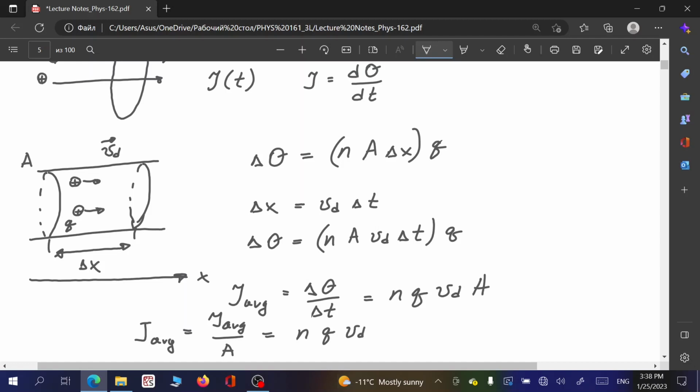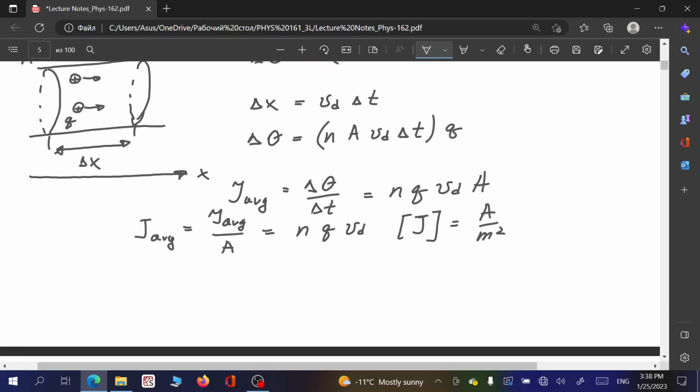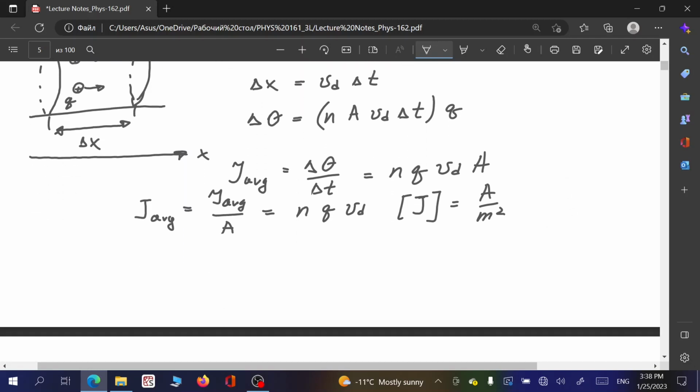And obviously for the current density, the units will be ampere per meter squared. It's current density.